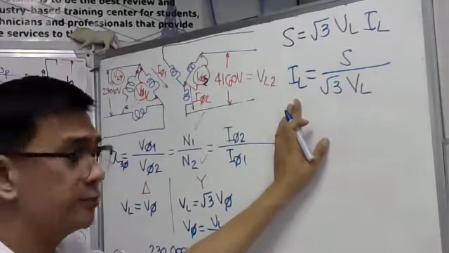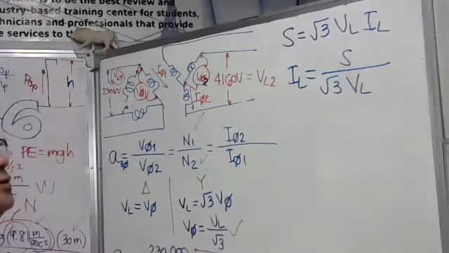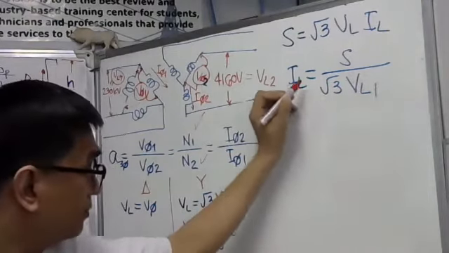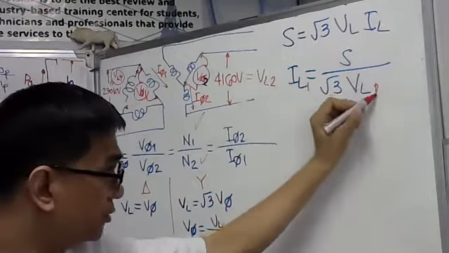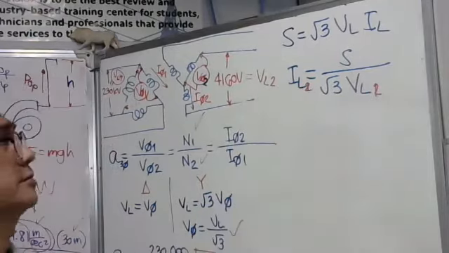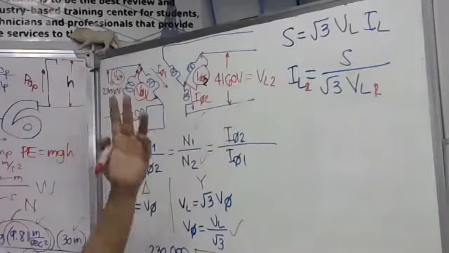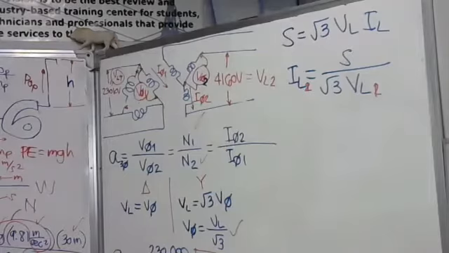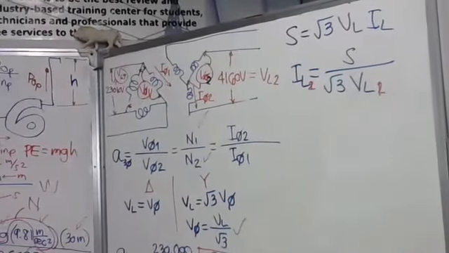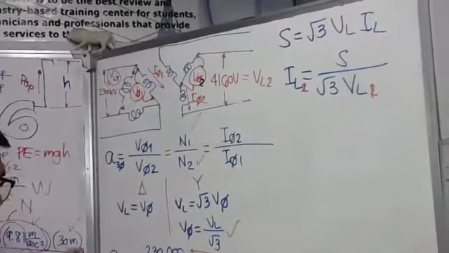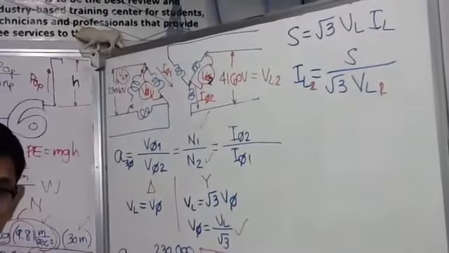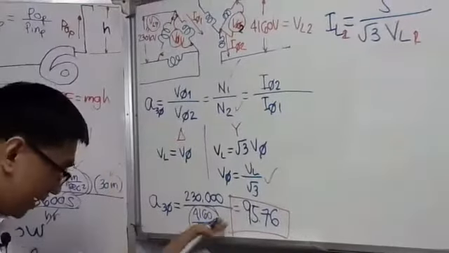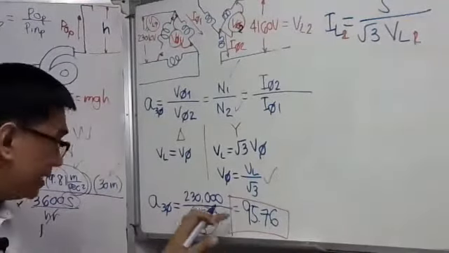If you make this 1, make this 1; if you make this 2, make this 2. It's already given so that you can calculate the current. But my answer is already complete because we already got the answer here.